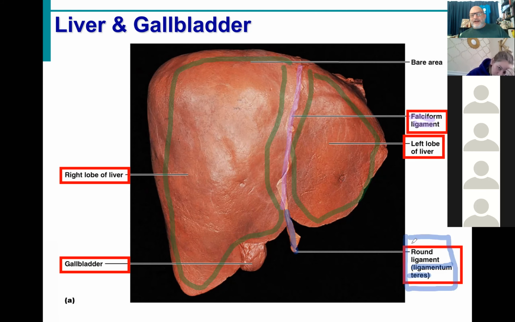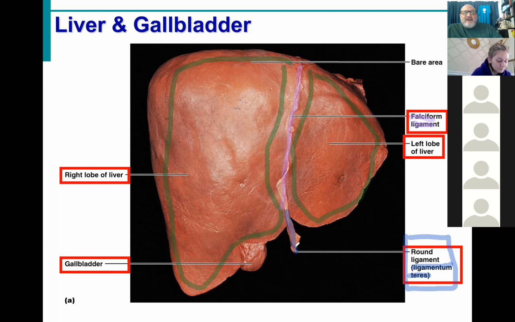Anybody know what this round ligament happens to be? No? Well, related to bile is definitely a good guess, but as it turns out, that's not the case.